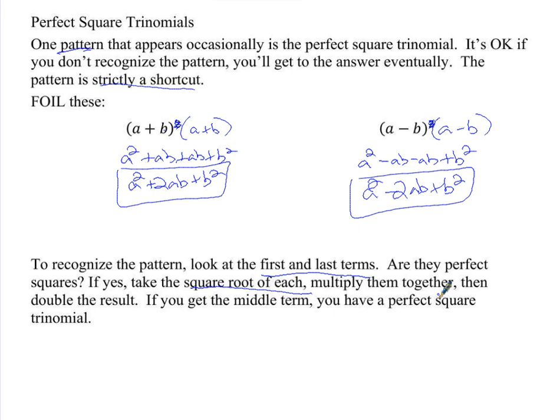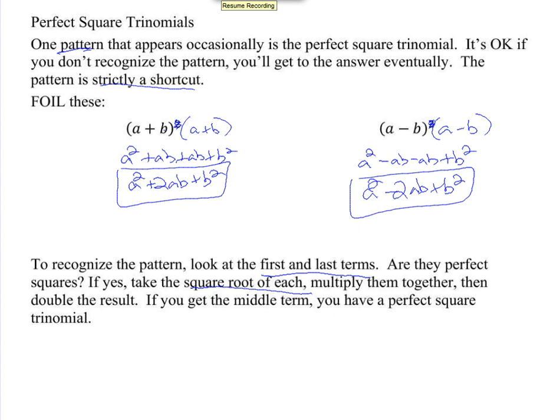If I multiply a times b, I get ab. Then double it. By doubling it, that gives me that middle term. If I take the square root of both of the end terms, multiply them together, then double it, and I get that middle term, then I'm looking at a perfect square trinomial, and I can instantly go to this using the pattern.